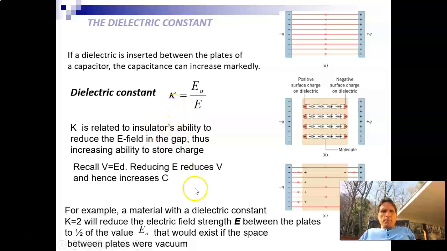And so, for example, a material with a dielectric constant of 2 will reduce the electric field by a factor of 2 relative to what it was before this chunk of insulating material was put between the plates. So in other words, the original field divided by the final field with it in is 2. It was twice as much before you put this in.